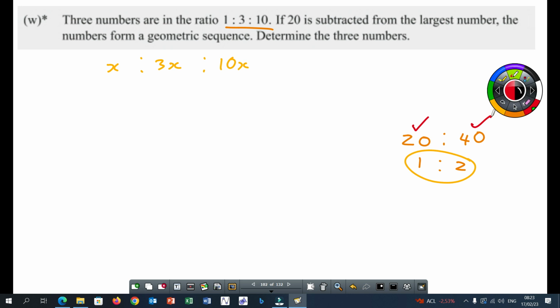Now that 20, how is it related to this 20 and this 40?